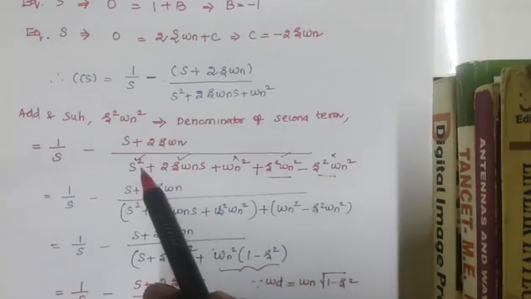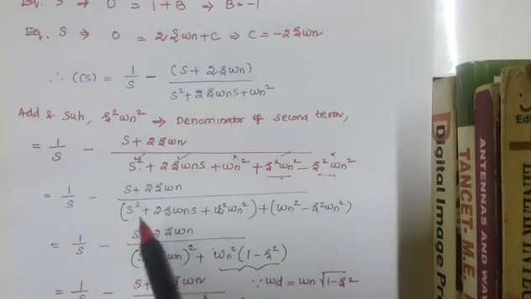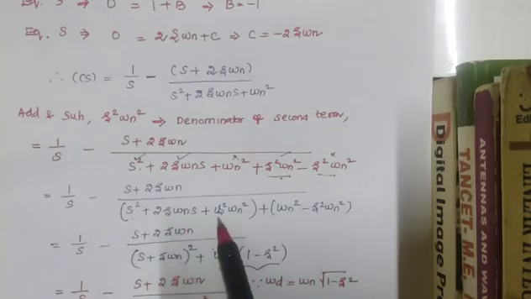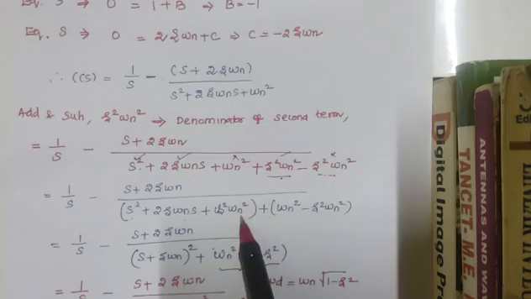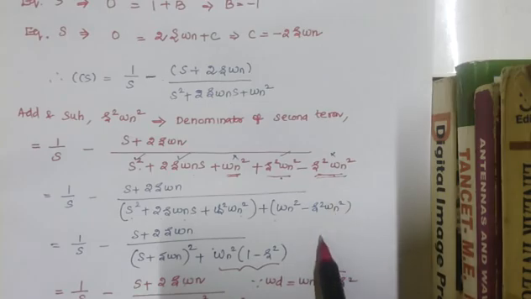Now you are going to combine s square plus 2 psi omega n s plus psi square omega n square. Your term becomes s square plus 2 psi omega n s plus psi square omega n square plus this balance term omega n square minus psi square omega n square.